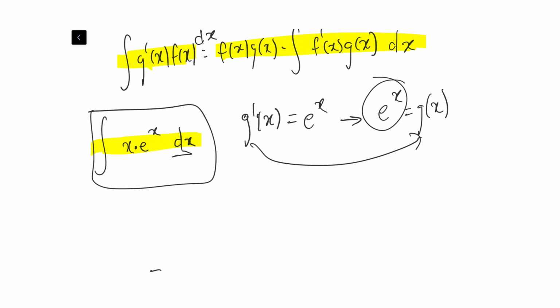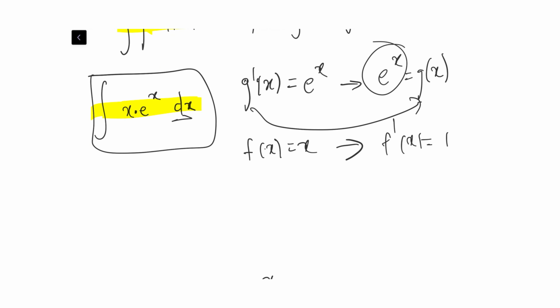We would get a simple expression, which is just e to the x again. And if we take f of x equal to x, we found that the derivative was just 1. Really simple. But if we use the method we started with, we said in the beginning that we let g prime of x be equal to x, so that when we integrate it to get the original function g of x, we would get this power.